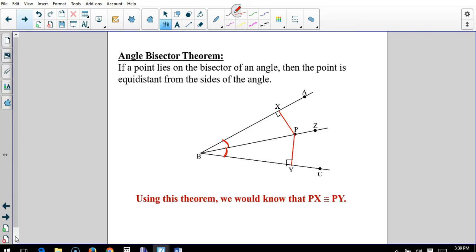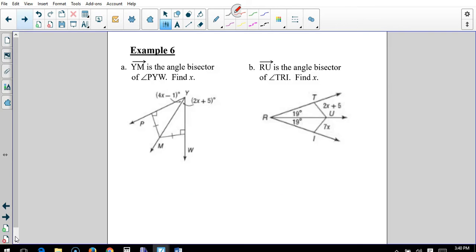So Px is equal to Py. And notice these are perpendicular. So since it's an angle bisector, this is equal to this.